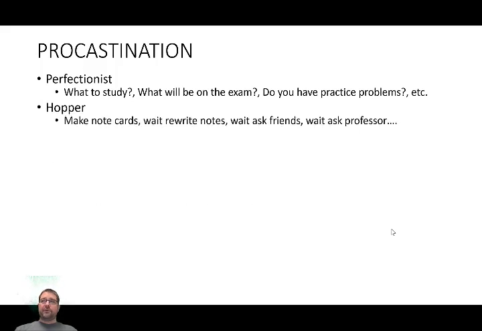Okay. The hopper, these are individuals that just jump around. Maybe they'll start making note cards to study, then they'll rewrite their notes a little bit, and then they'll ask a friend, and then they might ask the professor, then they might watch the lectures over. But they never do anything for very long. It's like going to the gym and getting on the treadmill for 5 minutes, then you go to the stairs for 5 minutes, then you go to a weight machine for 5 minutes, then you ask your friend, hey, should I do the row machine?